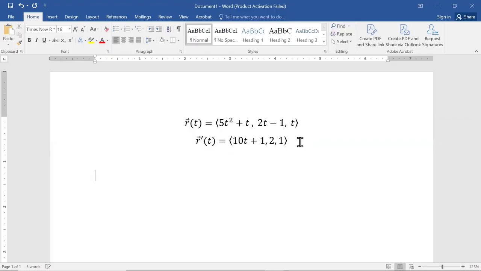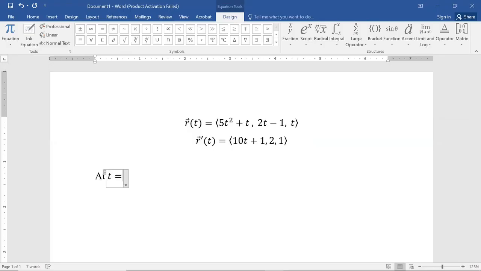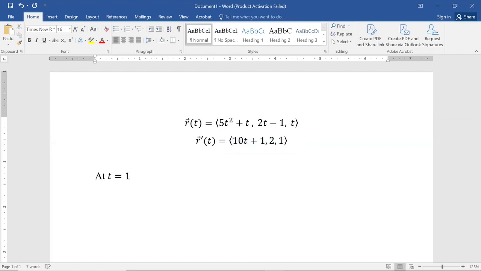Now, at t of 1, which we were asked to evaluate, these two functions, both r of t and r prime of t, can just be plugged in.